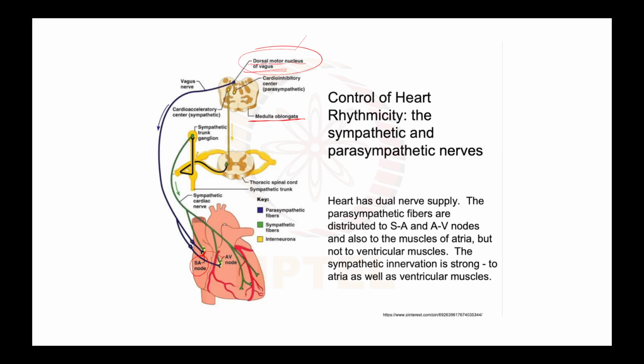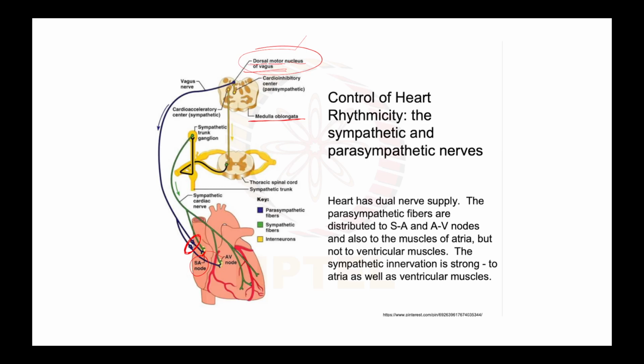Then this vagus nerve forms the ganglionic part here, and then another fiber proceeds from that ganglion, which localizes the signal to the SA node and AV node.